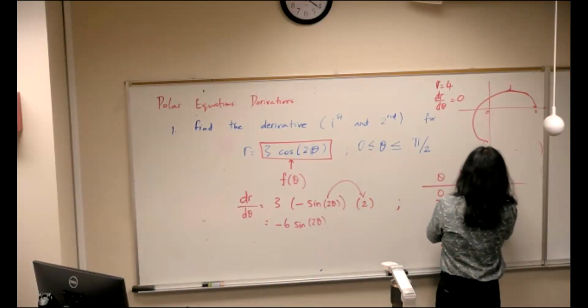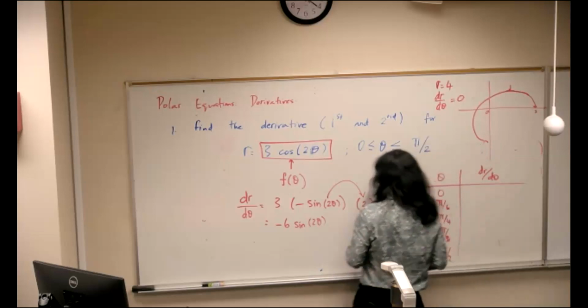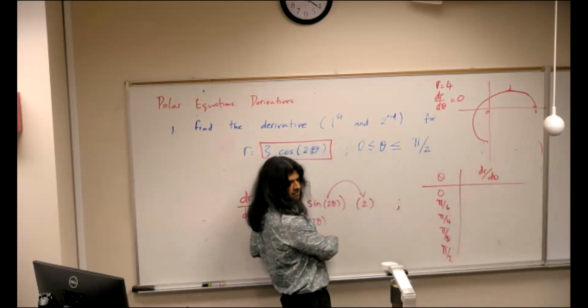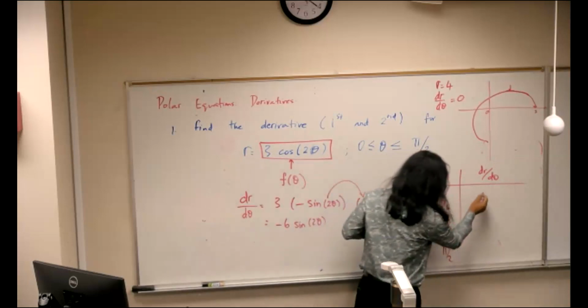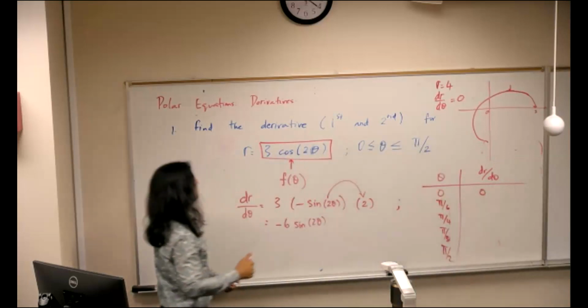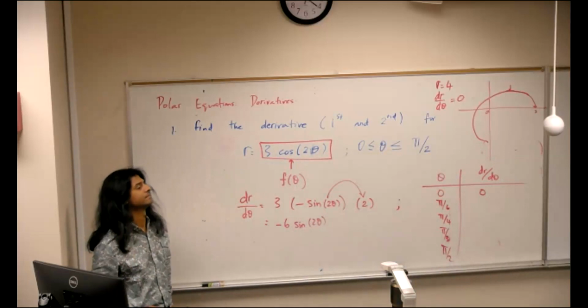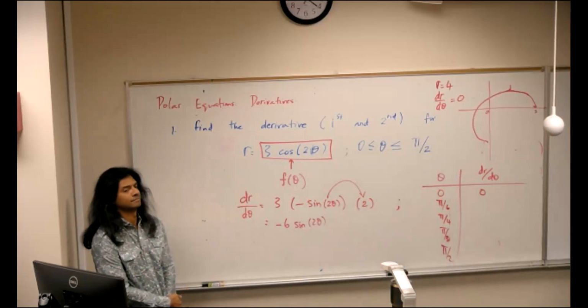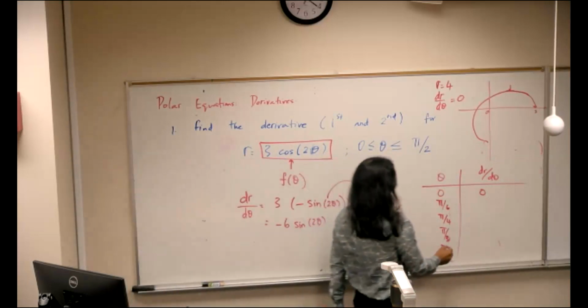Okay, dr over d theta at 0: plug it in, sine 0 is 0, negative 6 times 0 is 0. Okay, what about pi over 6?